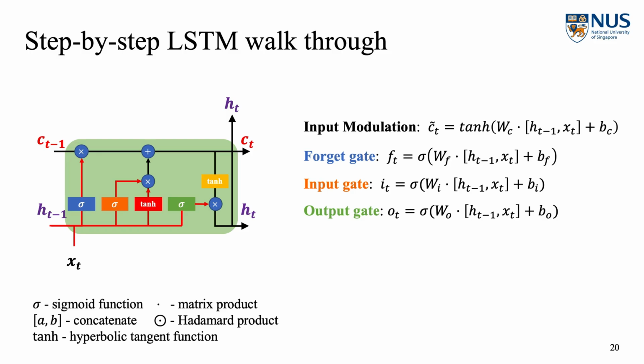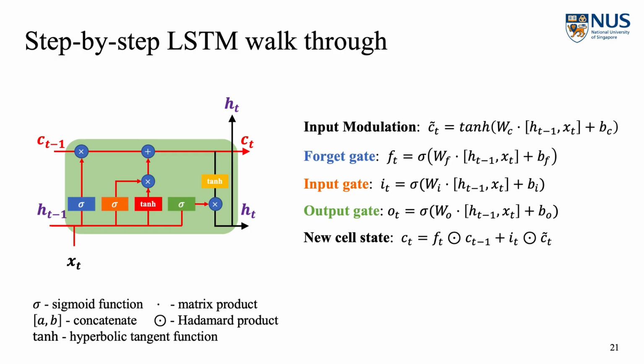The forget gate and input gate are applied to the previous cell state Ct-1 and the modulated input Ct tilde to decide what to discard from the long-term memory and what to add from the current inputs to the long-term memory, respectively.